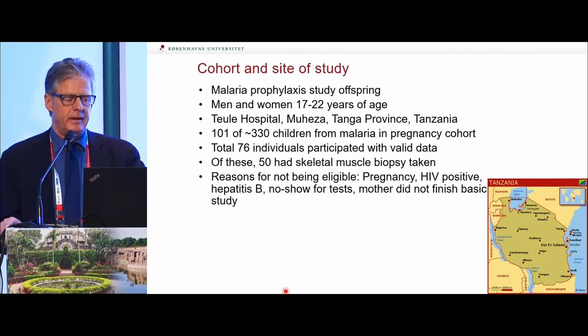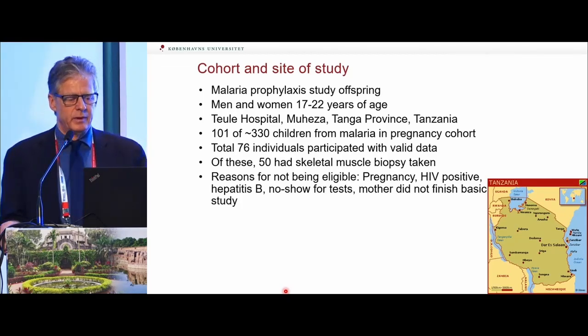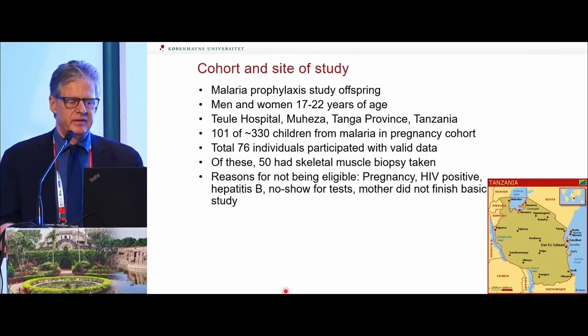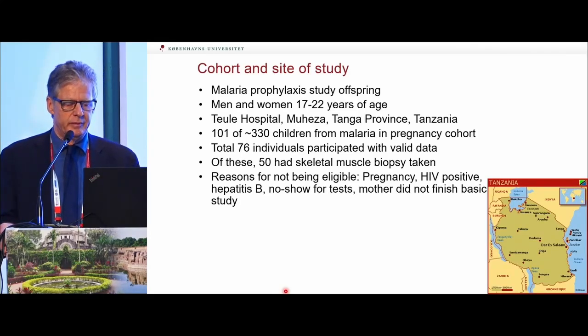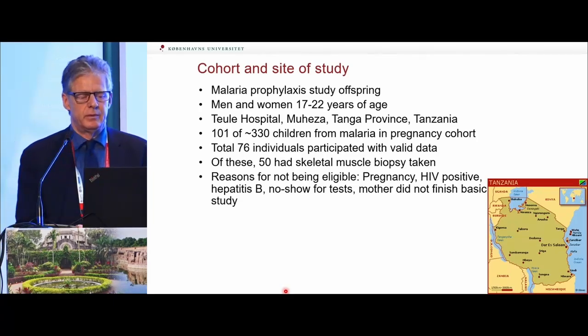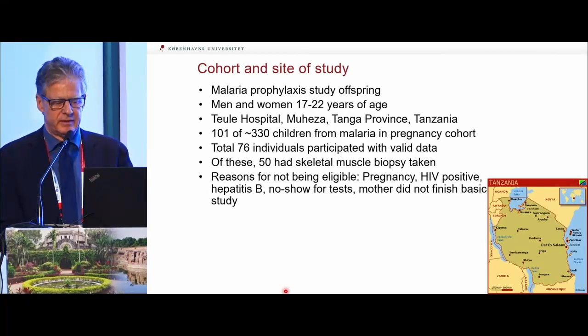The young men and women we studied were between 17 and 22 years of age. We were able to contact 101 out of about 330 children from this malaria in pregnancy cohort. And a total of 75 of those were eligible to participate in the study.